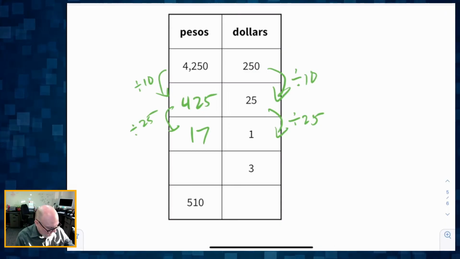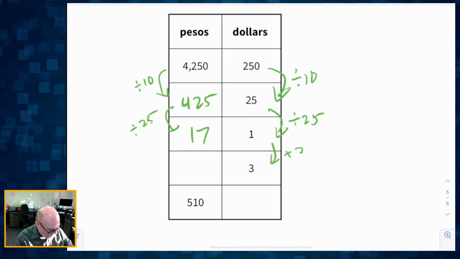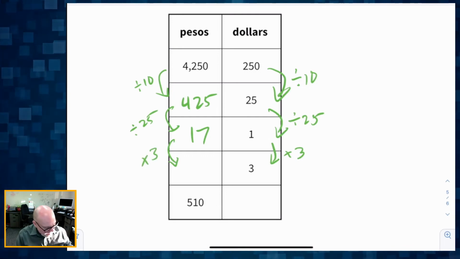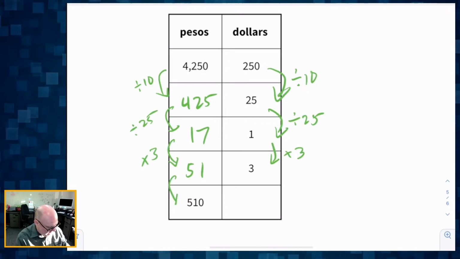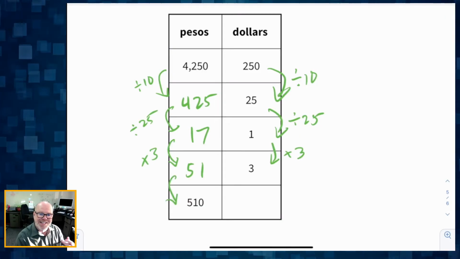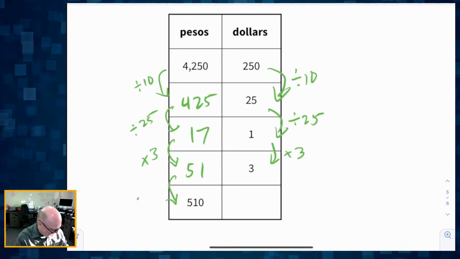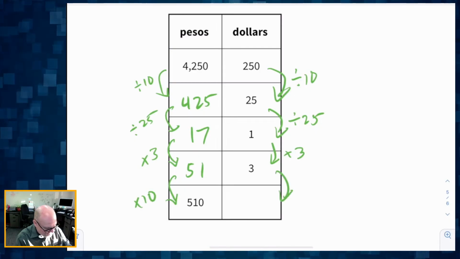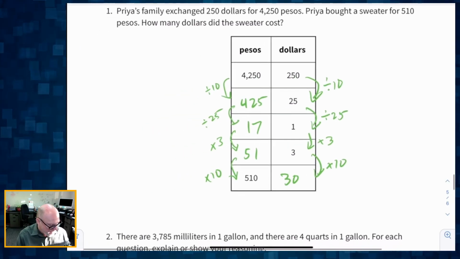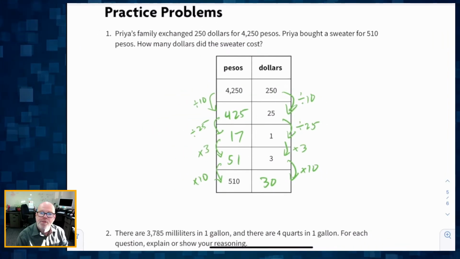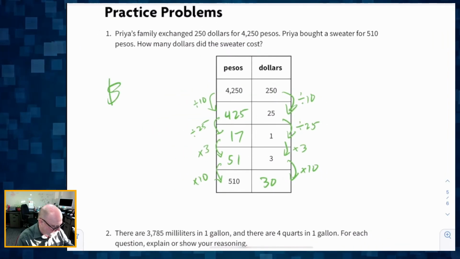And then we're going to scale up by multiplying by 3. And that gives us 51. And then I can finally see over here, to get to our destination of 510, we multiply by 10. And I find out that that sweater cost Priya $30 right there. All right.